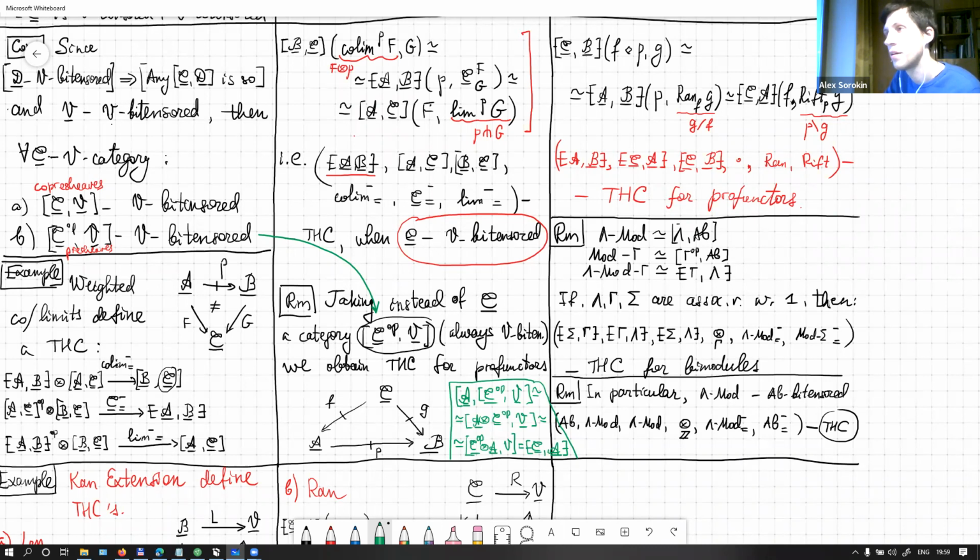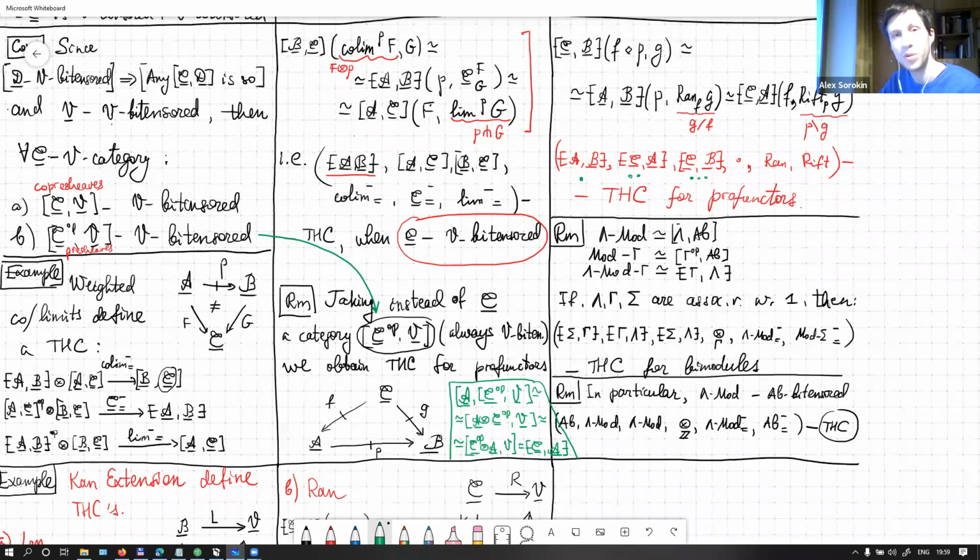Then identifying the objects that I need for the Tensor-Hom-Cotensor situation, I obtain that a 6-tuple, 3 categories and 3 bifunctors, gives me the Tensor-Hom-Cotensor situation for profunctors. I hope I have, what's called, not insisted, convinced you that Tensor-Hom-Cotensor situations are everywhere.